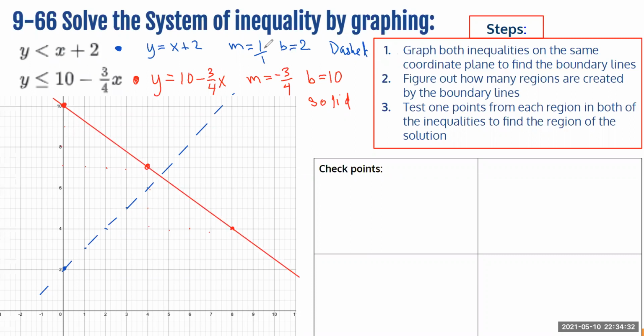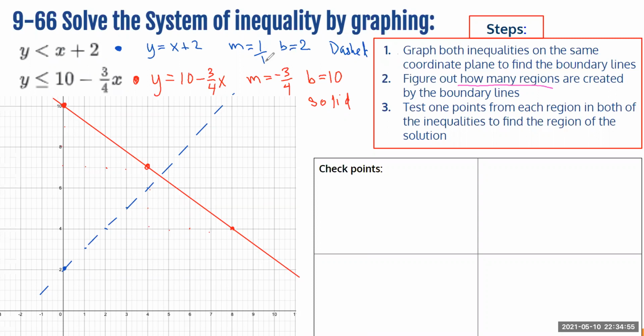The second part now asks us to figure out how many regions are created. How many regions? So what that means is, if you think of the graph as one whole space, when we put lines through it, we kind of cut it into sections.